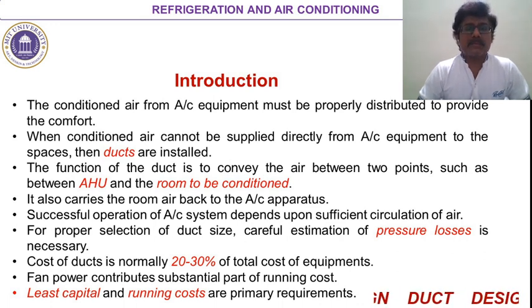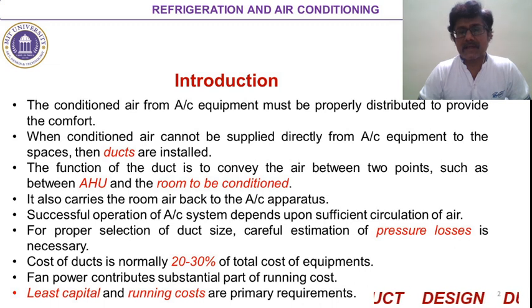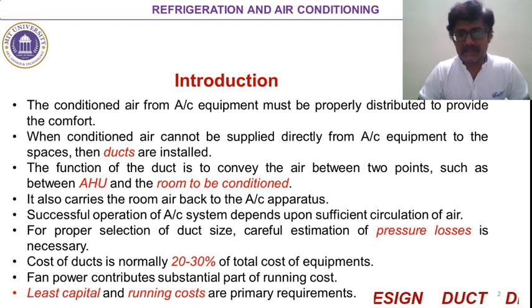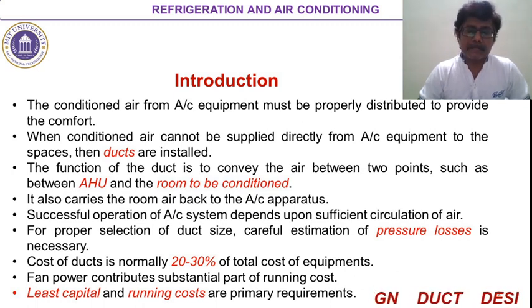The main purpose of the duct is to convey the conditioned air from the air conditioning equipment to the space that is to be conditioned as per the requirement. And it is not only that air should be transferred, but it should be properly and evenly distributed, so that the occupants sitting in that air conditioned space may feel comfortable.